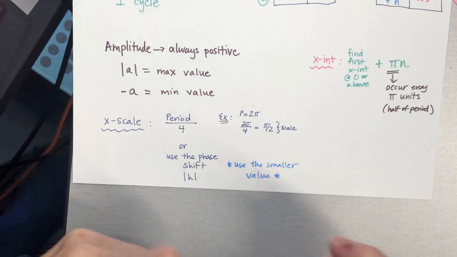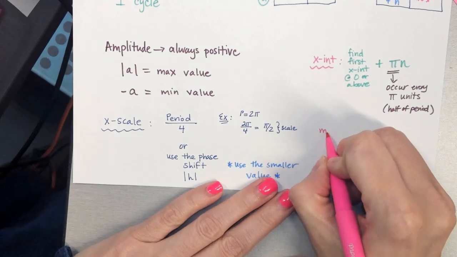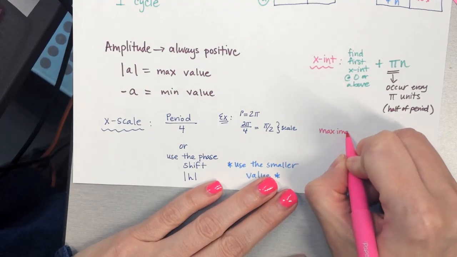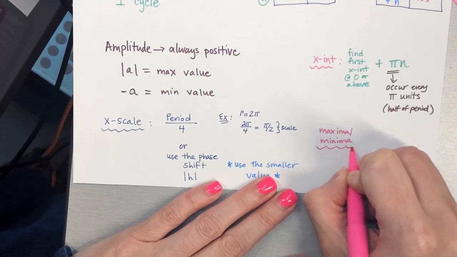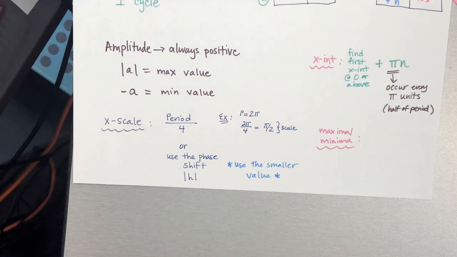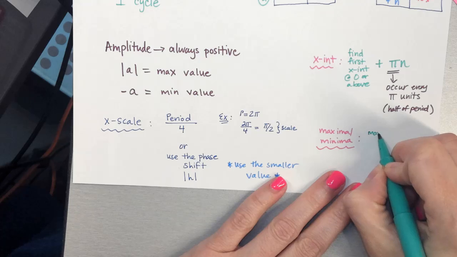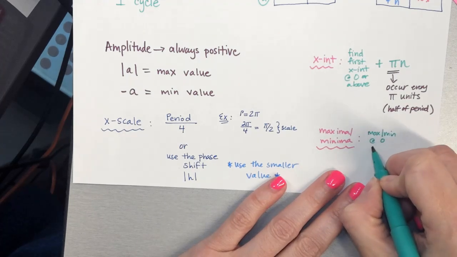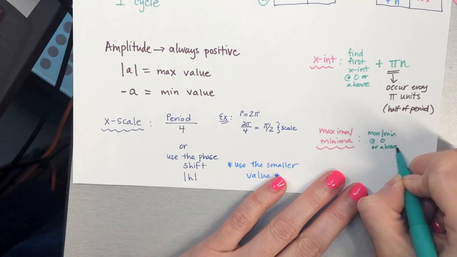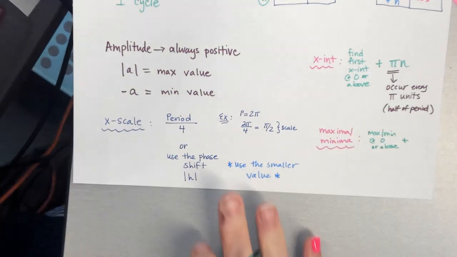The other things we had to find were the max and min. We call them the maxima and the minima because there are multiple. For that one, it's the same thing that we did before. Find the first max or min at 0 or above. But that wasn't plus 2 pi n.